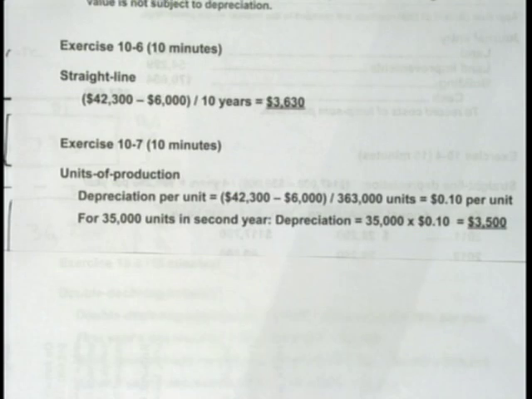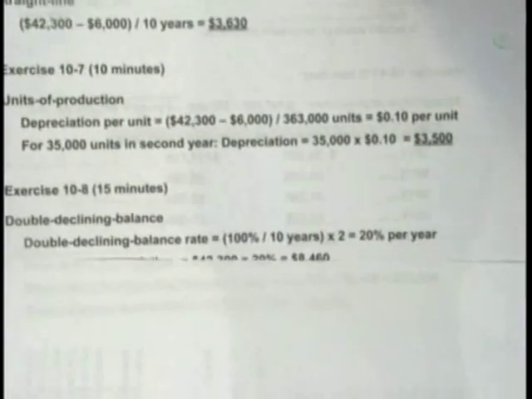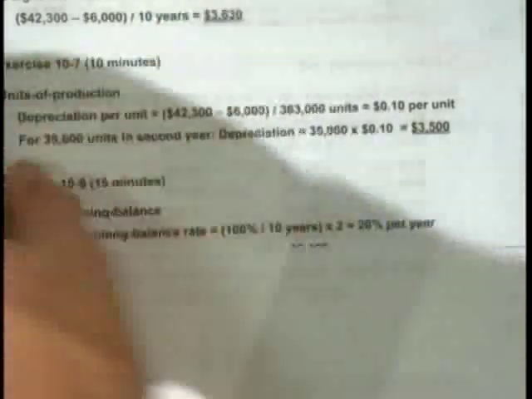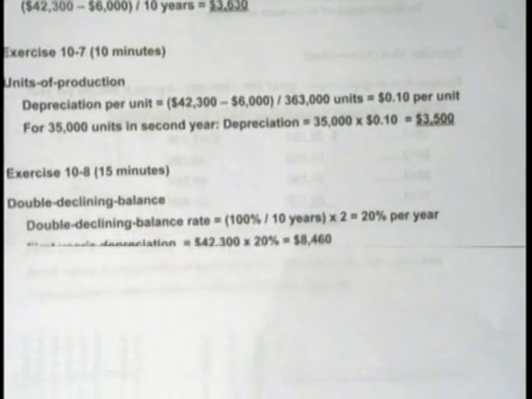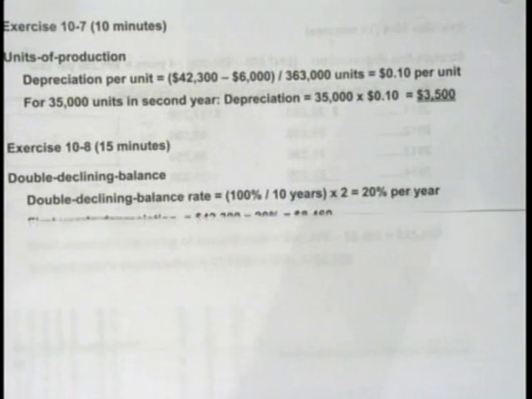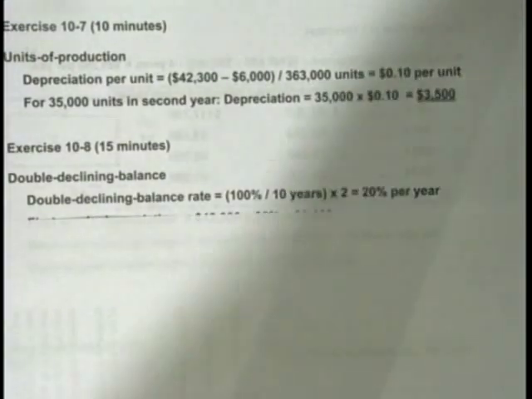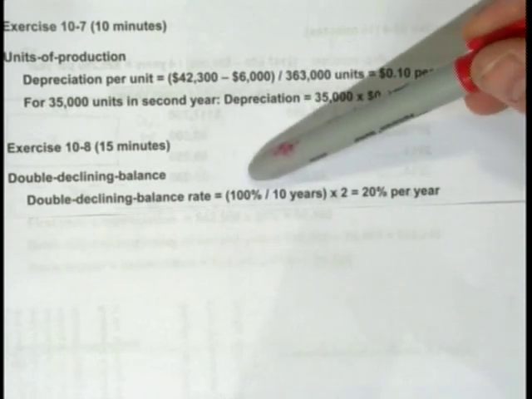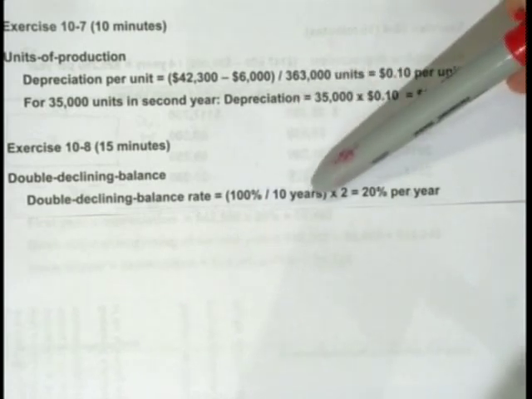On exercise 10.8, they want us to refer to that information and figure out the machine's second year depreciation using the double declining balance method. Okay? All right, let's try to get away from my handout now, since we're not going to have that on the test. And let's walk through this. The first thing that we do is we take 100% divided by 10 years, right?